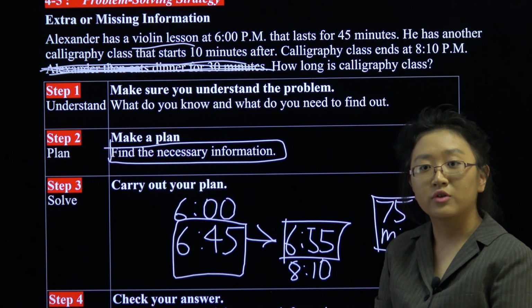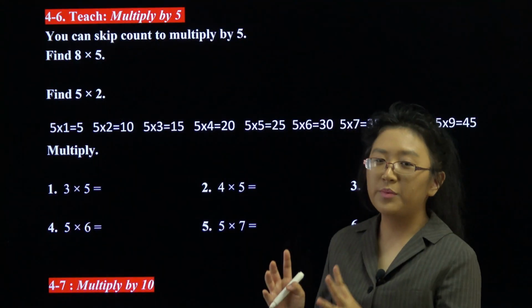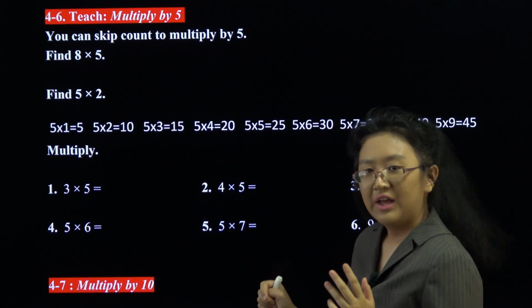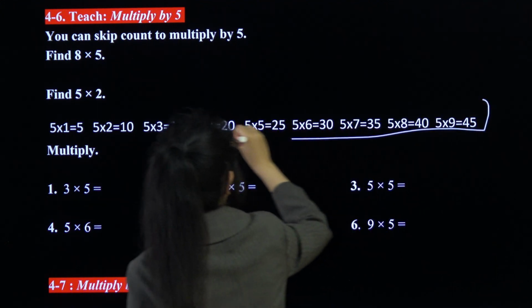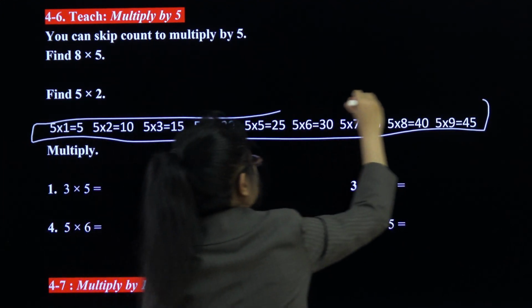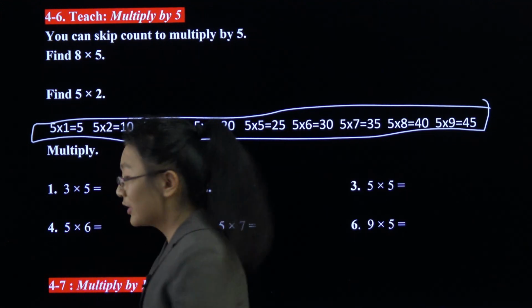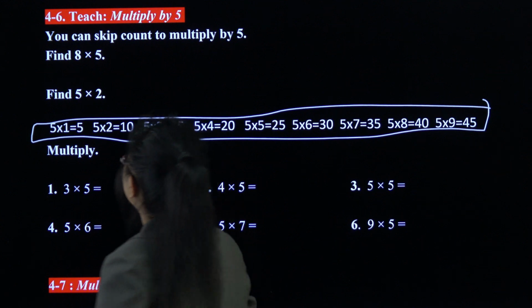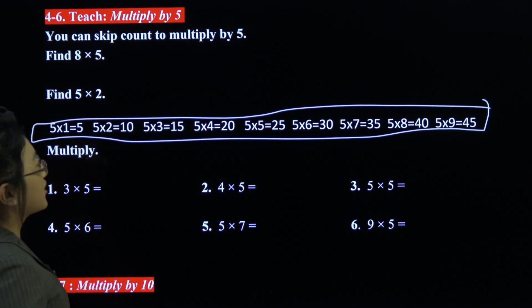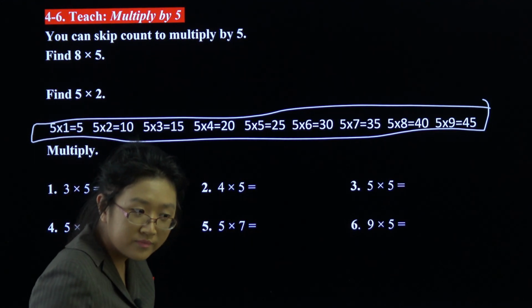Moving on, back to multiplication. Multiplying by 5. The best way to multiply by 5, again, is to remember your multiplication tables. Am I ever going to stop preaching about multiplication tables? Probably not. You can skip count. You can.